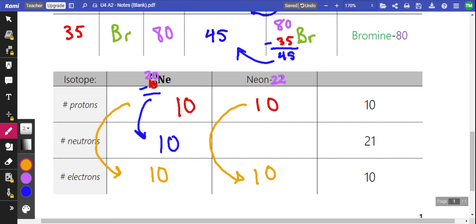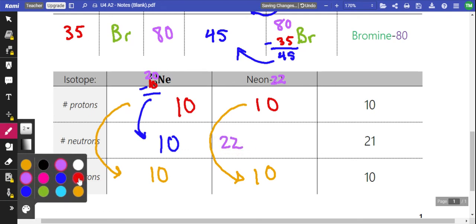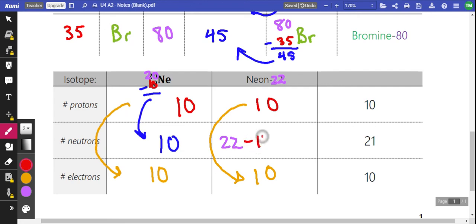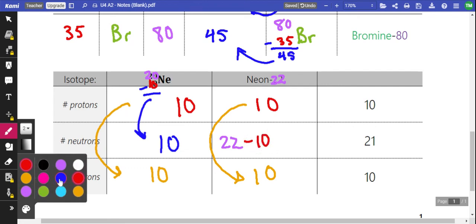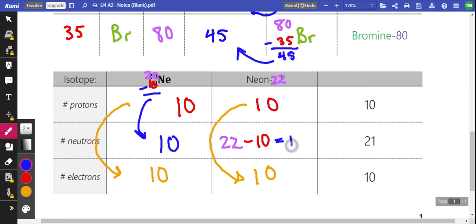The last thing I need to figure out is the number of neutrons. If I have 22 protons and neutrons together, and I subtract out my 10 protons, I'm left with 12 neutrons in this version.